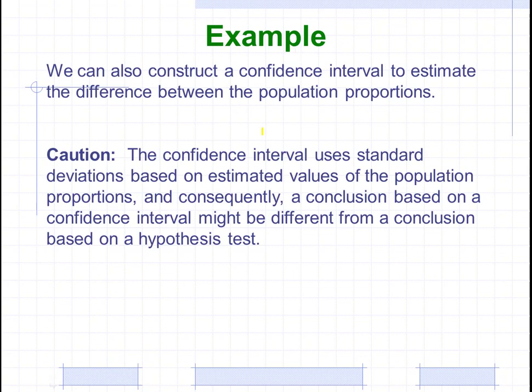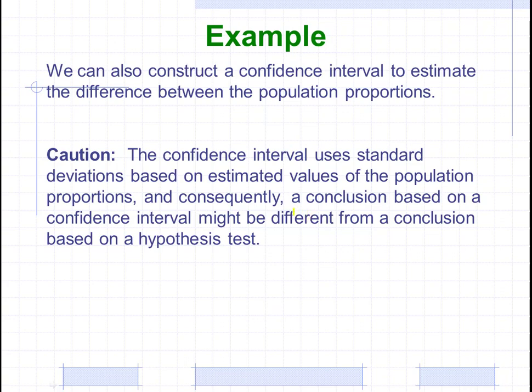Now we could also do a confidence interval to estimate the difference between the two proportions. If we want to test if they're different or not, we do an inference test. If we want to estimate the difference between the two population proportions, then we are going to do confidence intervals.